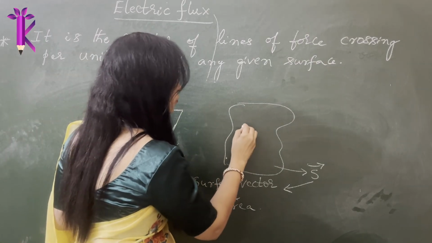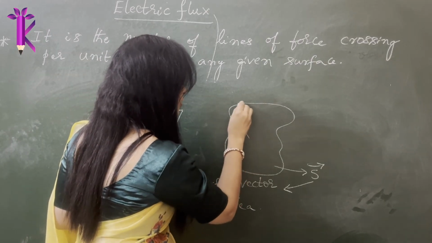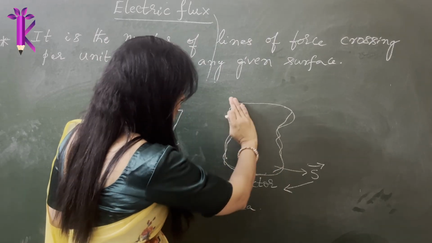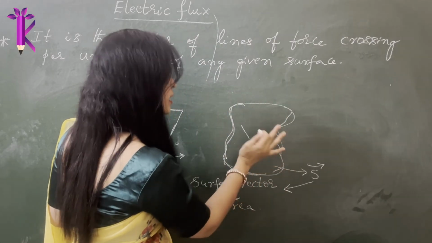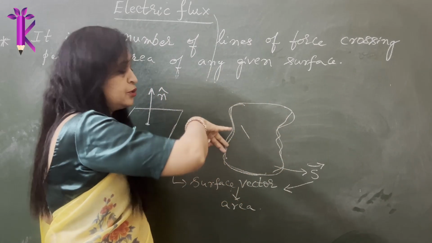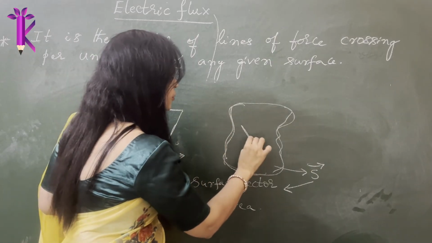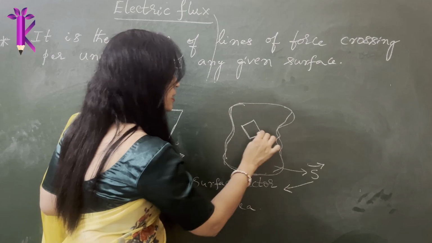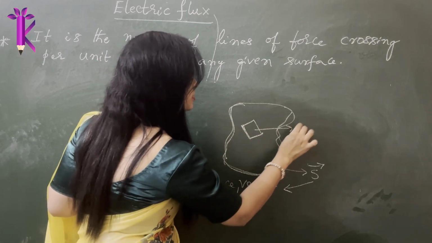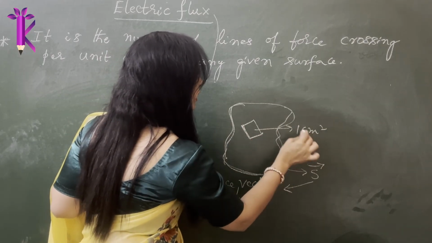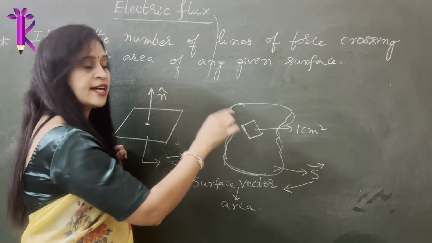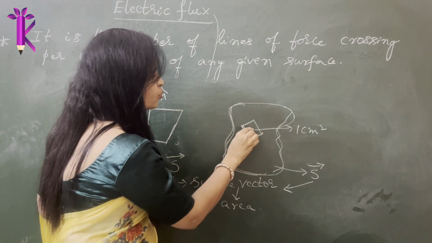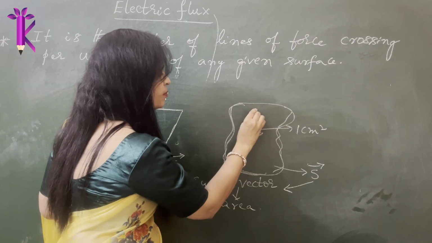For this surface, if it's a closed surface, I mean the surface is coming out of the board and half of the surface is going into the board. So what I do is I choose a small portion, a unit cross sectional area, 1 meter square or 1 centimeter square, a small patch of area, and here I take the outward normal in this direction.